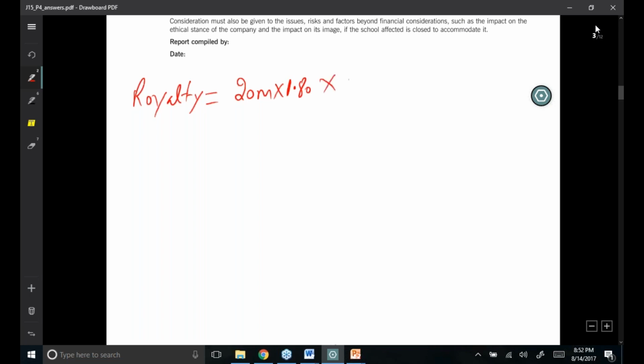And then I have multiplied it with the exchange rate of YR per dollar, because royalty is in dollars, but I have to deduct it in the YR proforma, so I have to convert it into YR. So 36 million into exchange rate, that's how I have converted the royalty into YR.